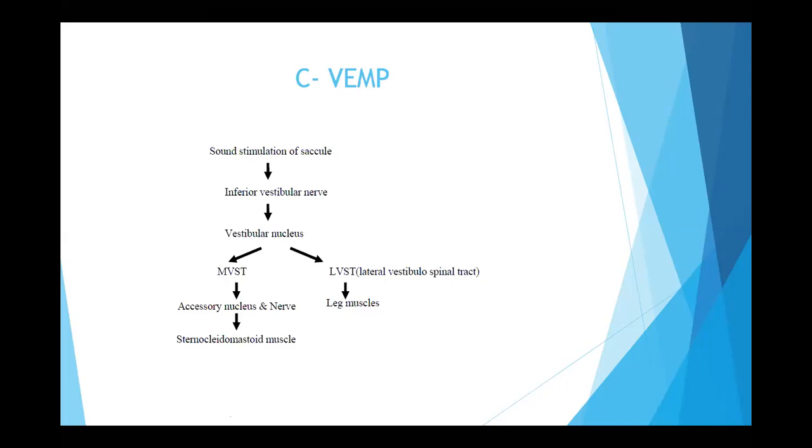So the stimulation of the saccule leads to the contraction of the sternocleidomastoid muscle. So why do we call it the sternocleidomastoid muscle? We have the sternum, right? We have the sternum, and then we have the mastoid. Anything that connects these two is called the sternocleidomastoid muscle.